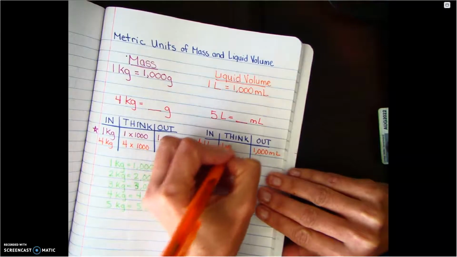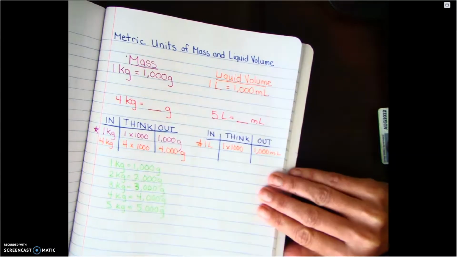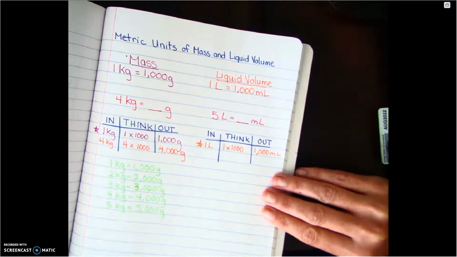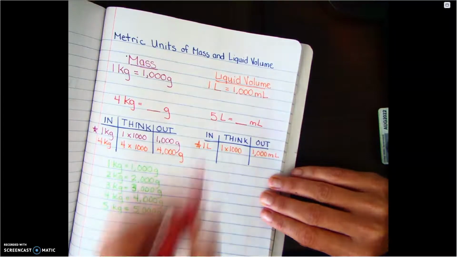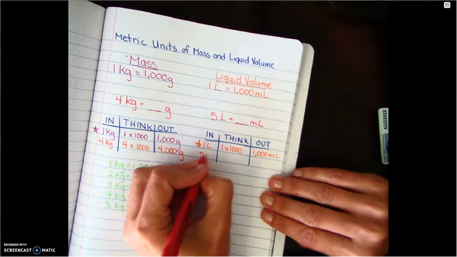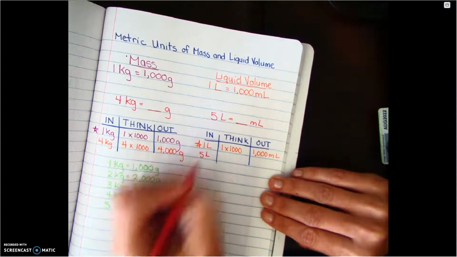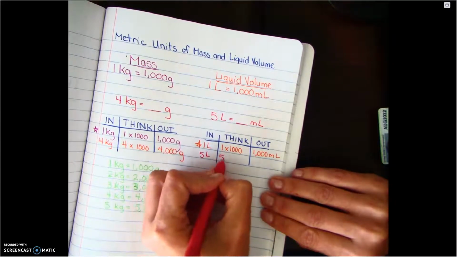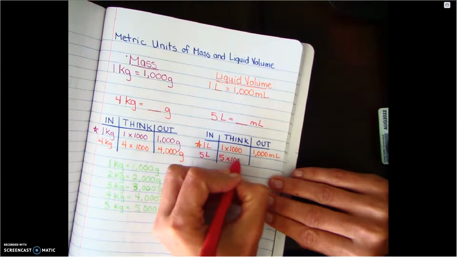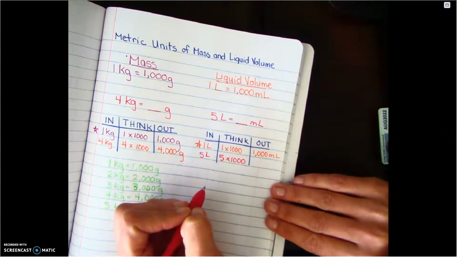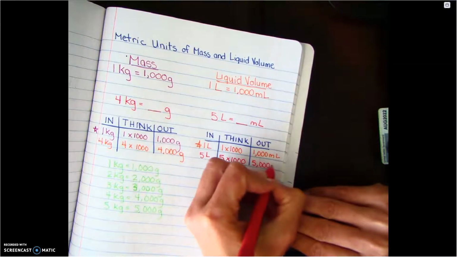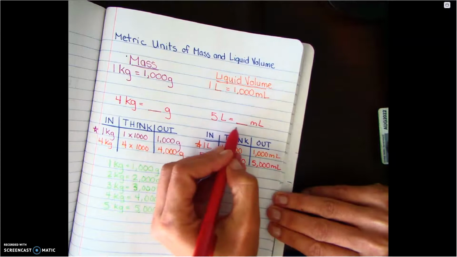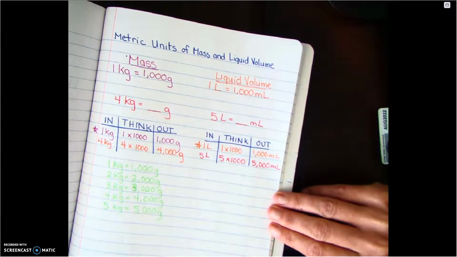So it'd be 1 times 1,000. Remember, if Miss Corbin goes too fast, just pause the video, write it down, and then come back. So now I write my problem, which is 5 liters. So that means that would be 5 times 1,000. And 5 times 1,000 is 5,000 milliliters. So 5 liters is the same as 5,000 milliliters.